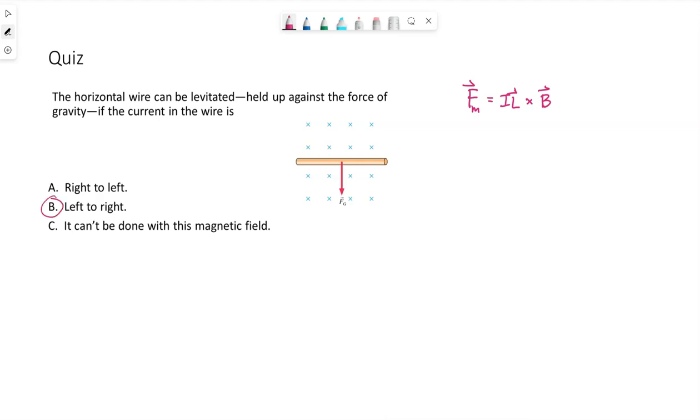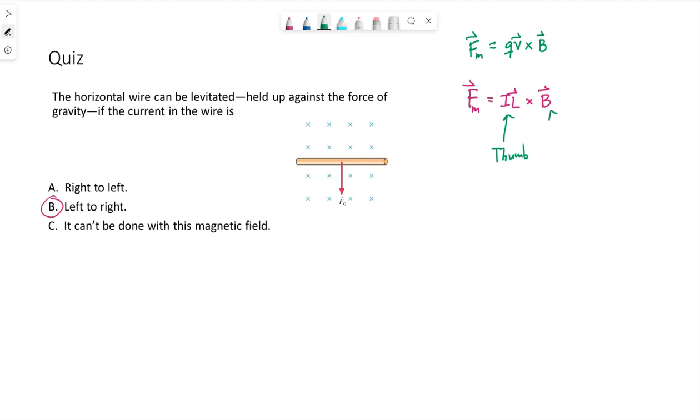The correct answer is going to be B. This is figured out very similar to our force on the moving charge, because we can use the same right-hand rule for any cross-product equation. Whichever vector is first in the cross product, we will use our thumb to represent it. Now, of course, we don't know the direction of the current here, so we don't know what direction to put our thumb in yet.